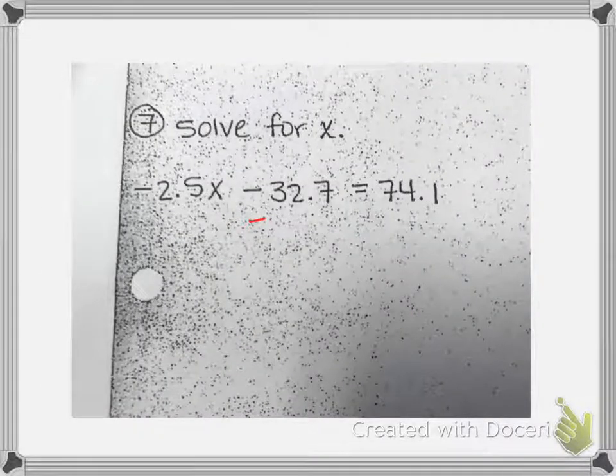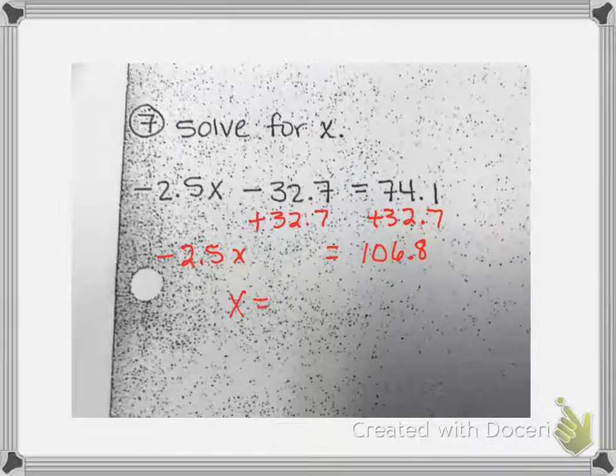Okay, solving for X. Negative 2.5X minus 32.7 equals 74.1. I'm going to move the 32.7 by adding to both sides. I get negative 2.5x is equal to 106.8.